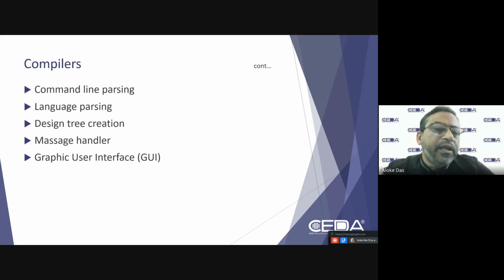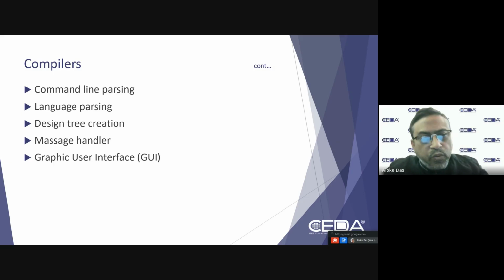So in any compiler, you will see these 5 major portions of the software. And when you join Synopsys or Cadence as a developer, you will be assigned one of these areas, and this itself is a huge area of work.